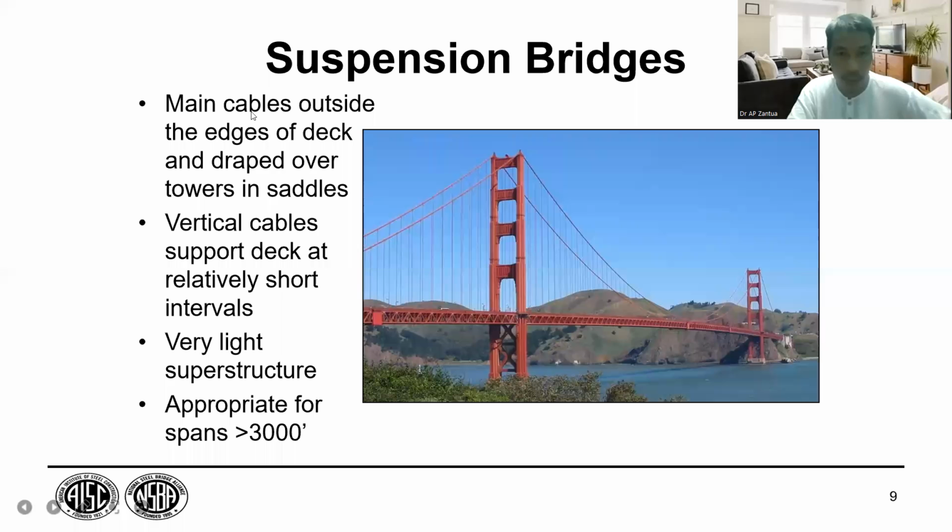The main cables are outside the edges of the deck and drape over the towers. This is what we call drape. The vertical hanging cables go from the top to the deck portion of the support.